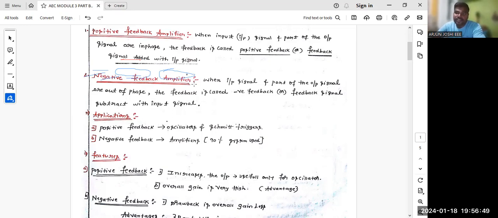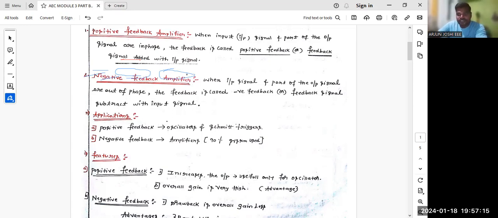Whatever input we give into the Schmitt trigger circuit, it gives a square waveform. So in oscillators and Schmitt triggers only, we use the positive feedback amplifier. Negative feedback amplifiers are used in amplifiers, and most applications are amplifiers only.